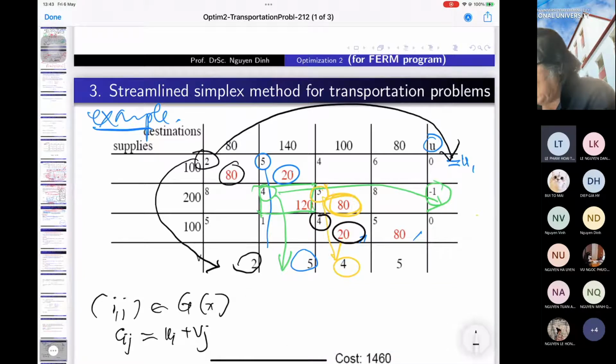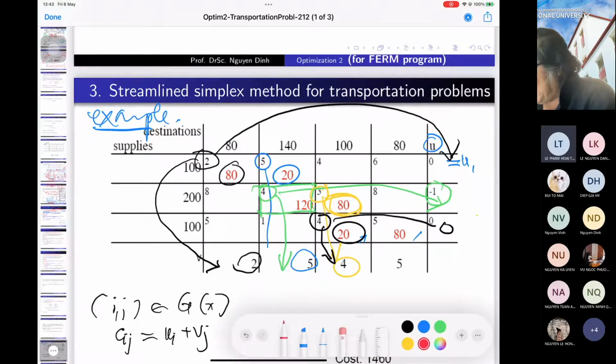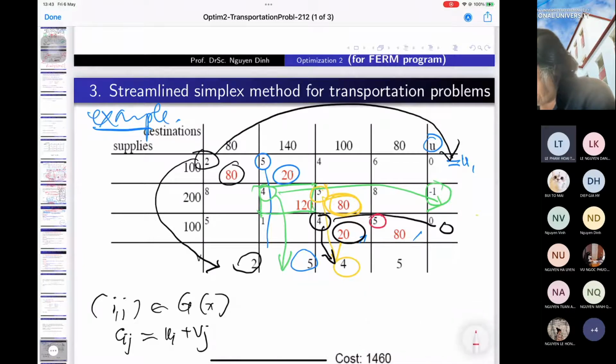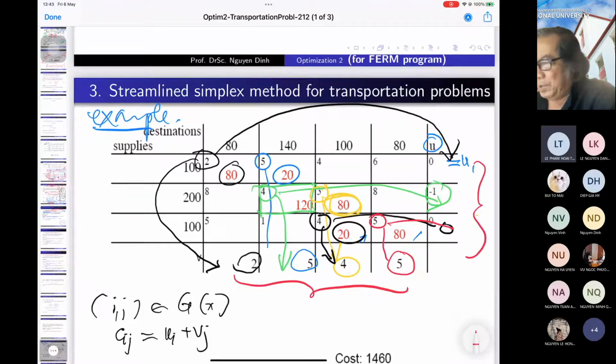Here number 4 is equal to 4 plus 0. And you come to the last one, number 5 here: 5 equals 0 plus 5. So this way you have all the UI and VJ.